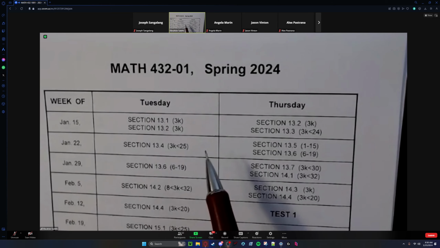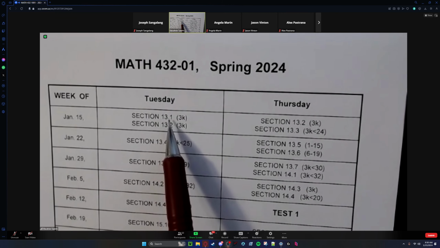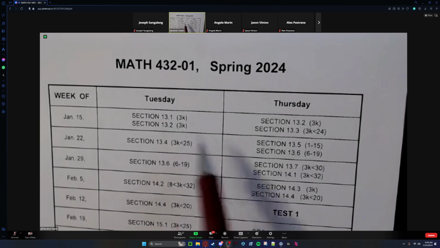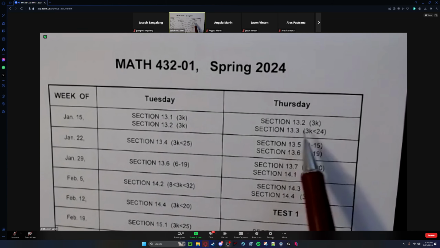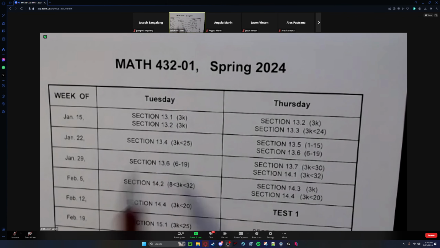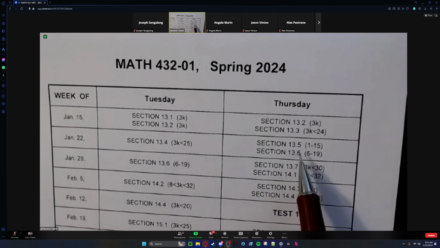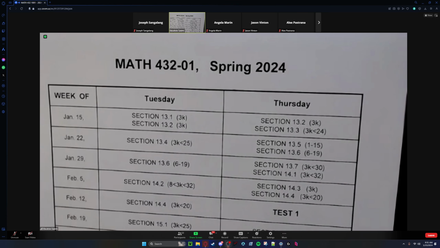Last week, I simply covered sections 13.1 and 13.2. I was supposed to do 13.3, but I couldn't. Today, I covered both 13.3 and 13.4, so please go ahead and look at those problems. On Thursday, I'm going to talk about 13.5.